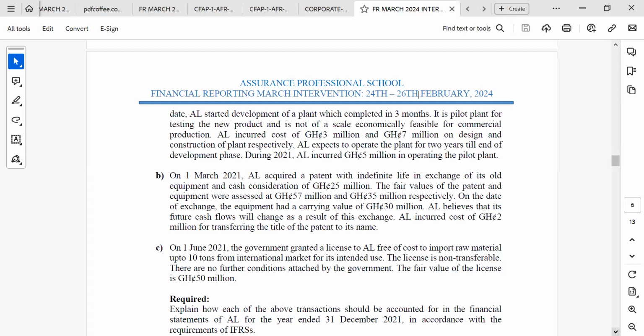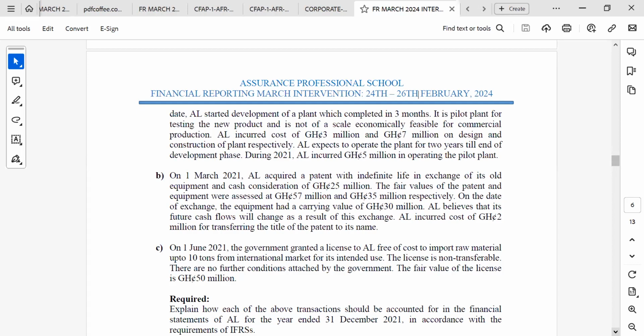C. On 1 June 2021, government granted a license to AL free of cost to import raw material up to 10 tons from international markets for its intended use. The license is non-transferable. There are no further conditions attached by the government.